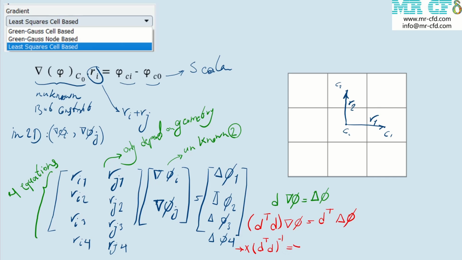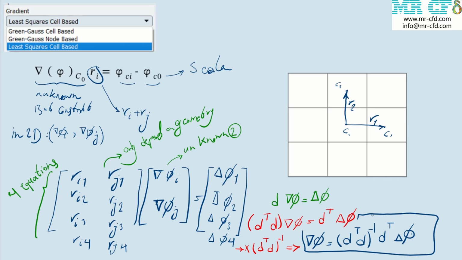The resulting system can then be solved by computing nabla phi is equal to inverse of D transpose D multiplied by D transpose delta phi. This factor is constant for stationary grids and would be calculated only one time.